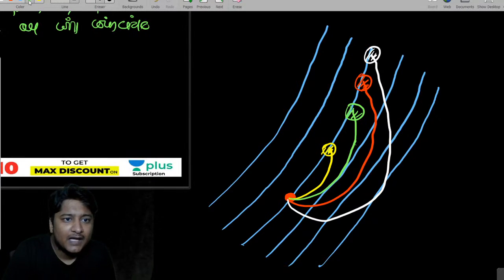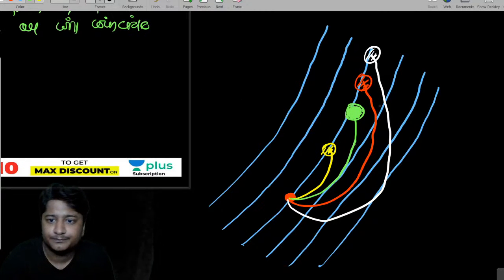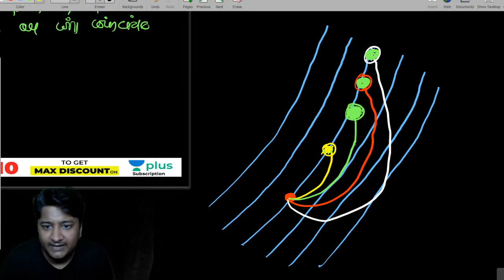Now you guys tell me, this red line, this yellow line, this green line, this white line, are they path lines or streak lines?